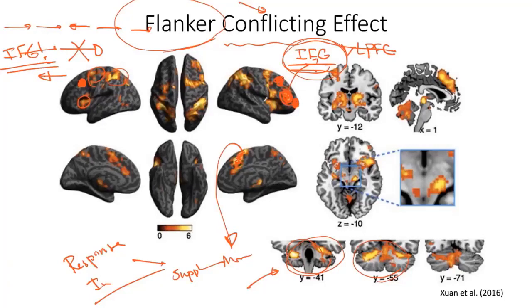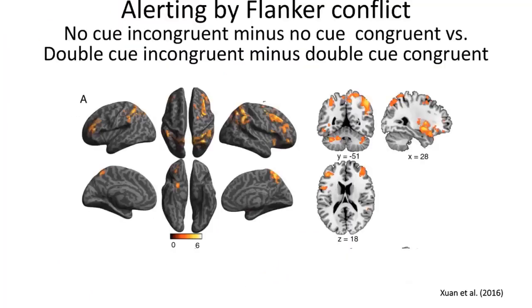And then the last slide would be basically what we call an interaction of alerting by flanker conflict, which has a really classic frontoparietal activation.